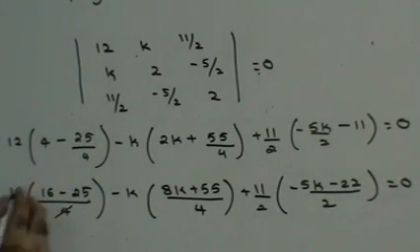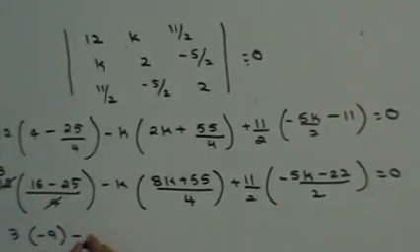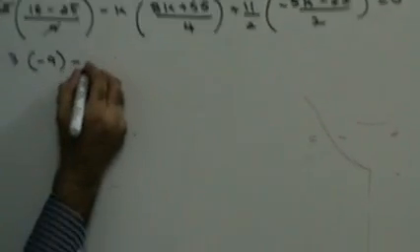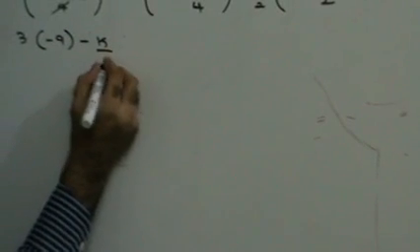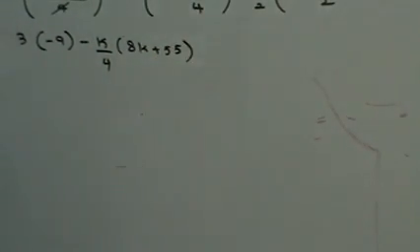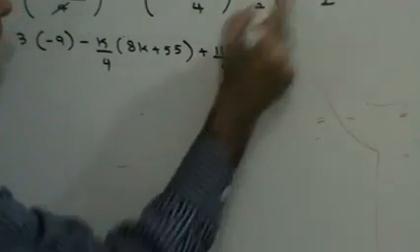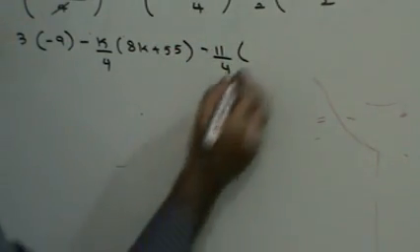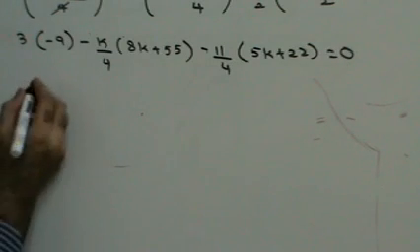So 4 ones are, 4 threes are, right? So this is 3. 16 minus 25 minus 9 minus, this is going to be, let's leave this here for the timing, 8K plus 55, and here this is going to be 11 upon 4. I could take minus sign common outside. So this is 5K plus 22 is 0. Let's solve this.